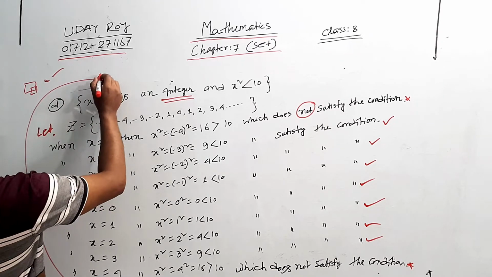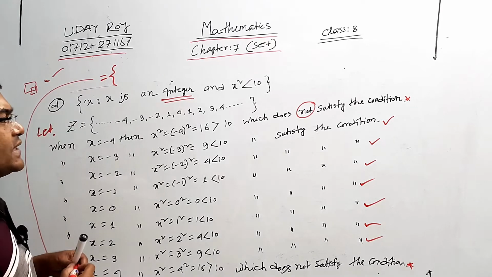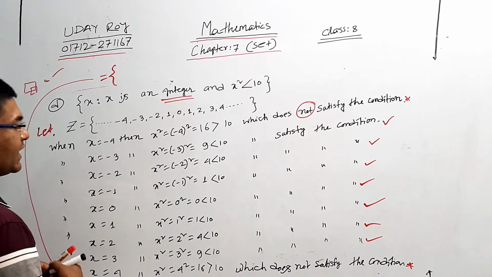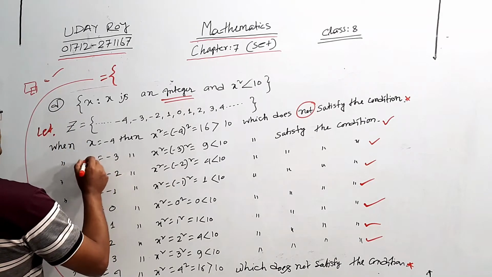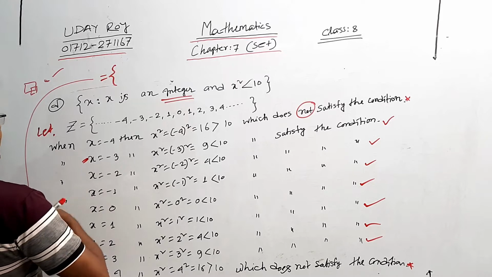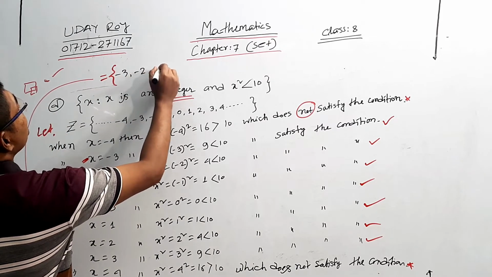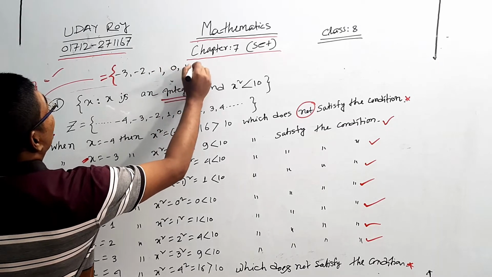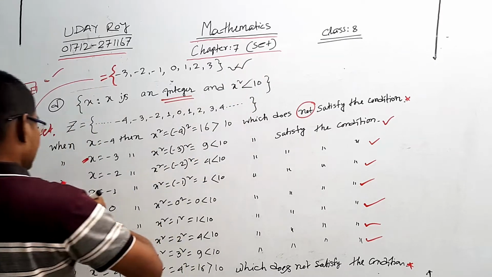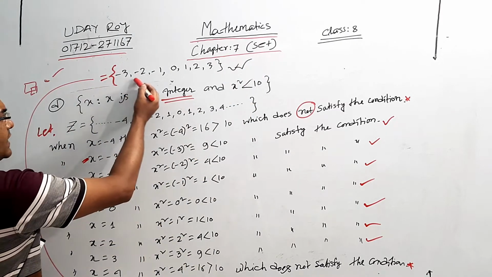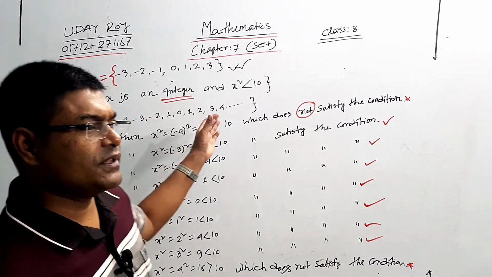Here we can write the answer, that means the numbers which satisfy the condition: x equals -3, -2, -1, 0, 1, 2 and 3. These are the acceptable ones. So we have done the maths.